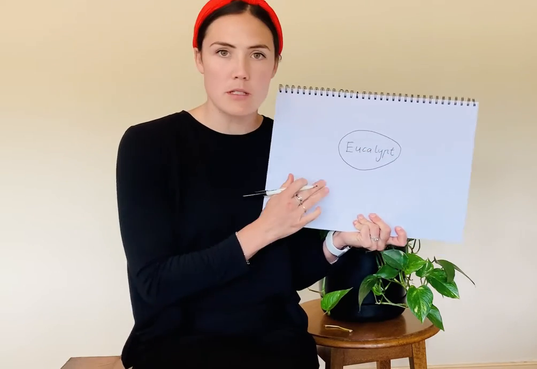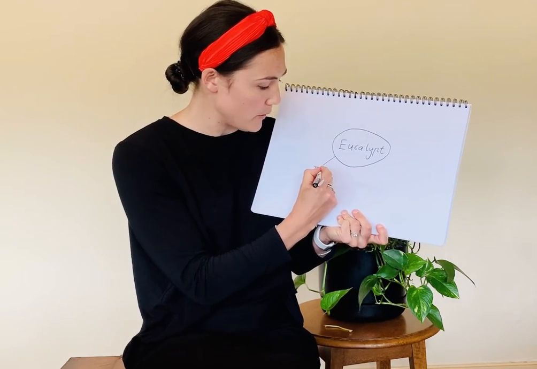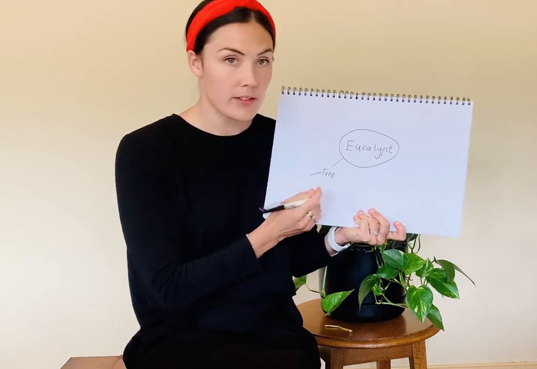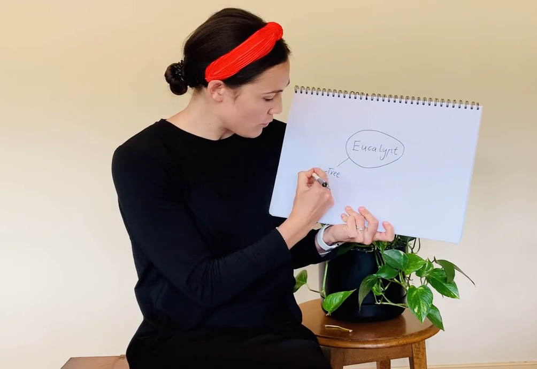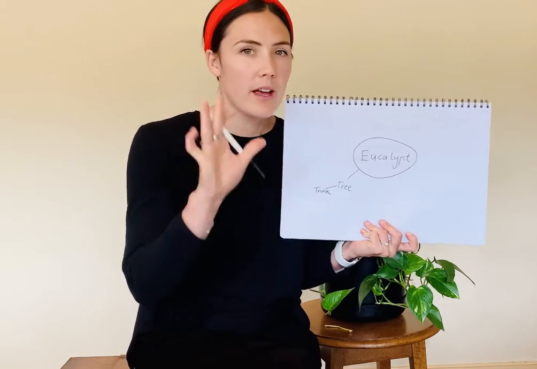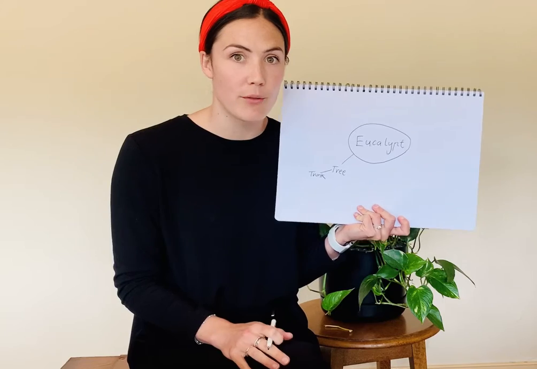What is a eucalypt? It's a tree, so tree might be one of those words. A tree. And that tree has a trunk. And some trunks have something protecting them that sometimes falls off onto the ground.